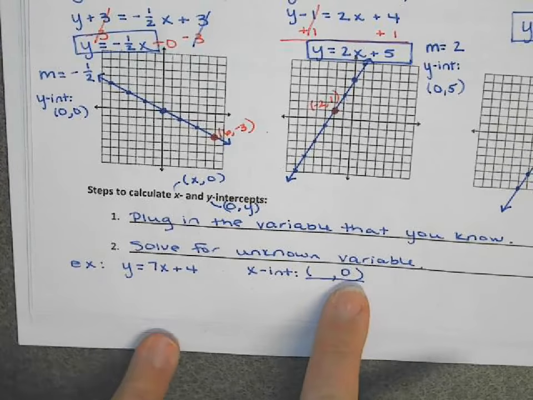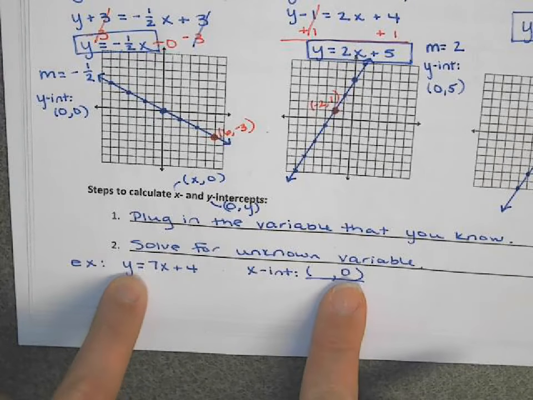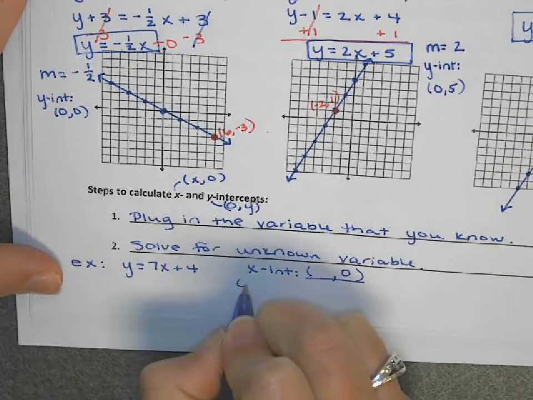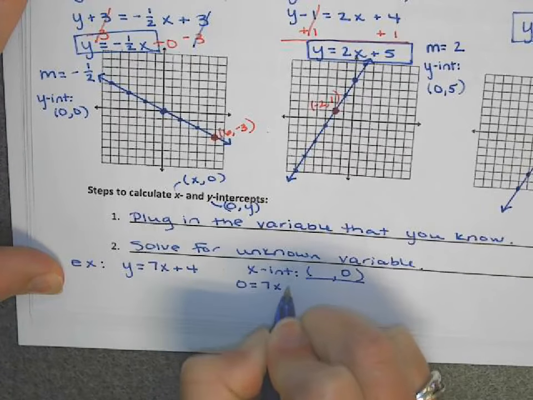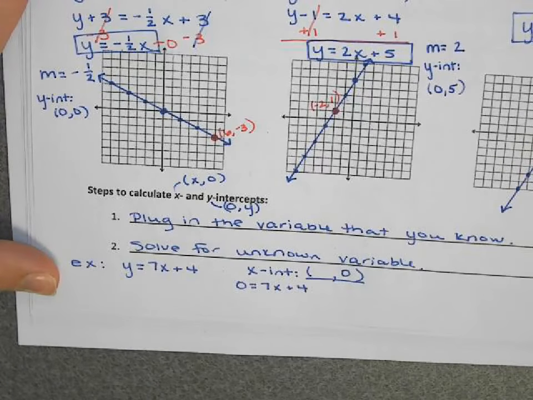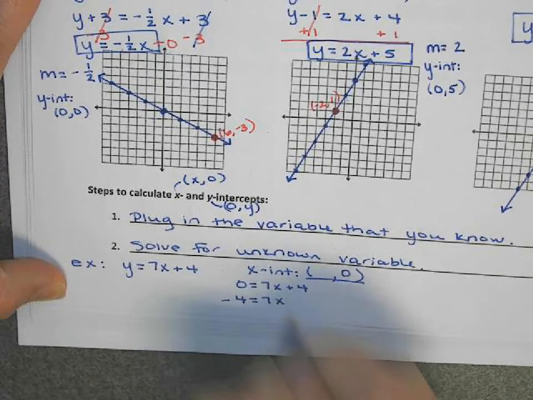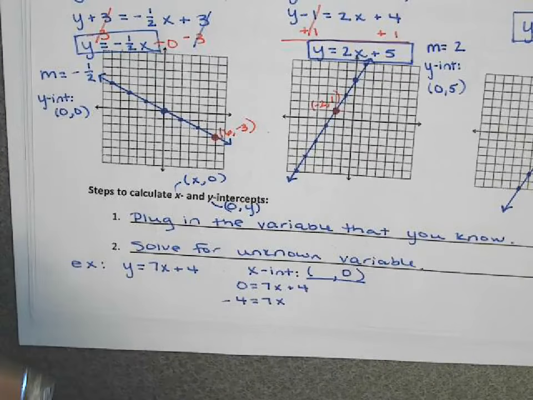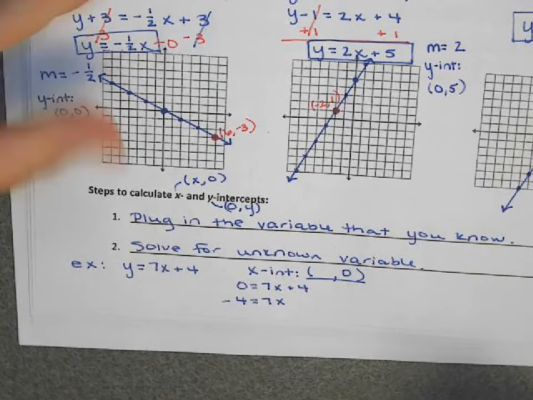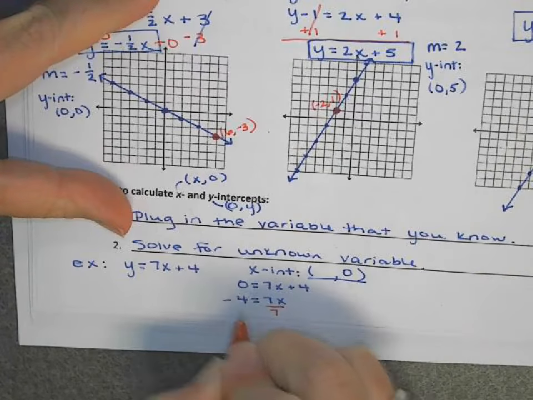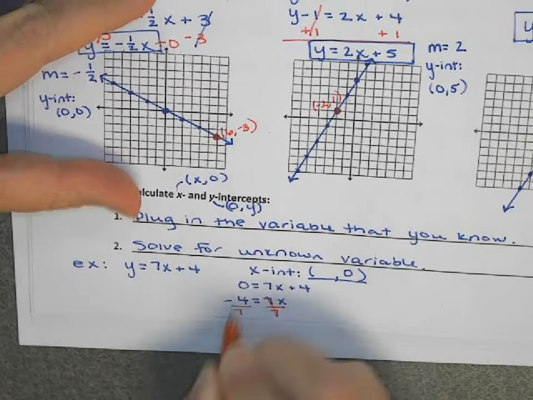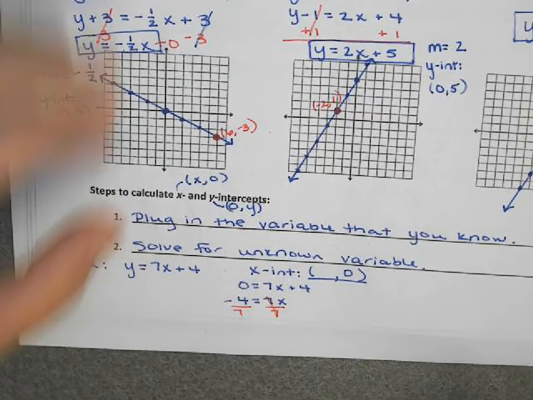So I'm going to take my equation and plug in 0 for y. 0 equals 7x plus 4. How do you get x alone? Subtract 4 on both sides. Then what? Divide by 7 on both sides. X is negative 4 over 7.